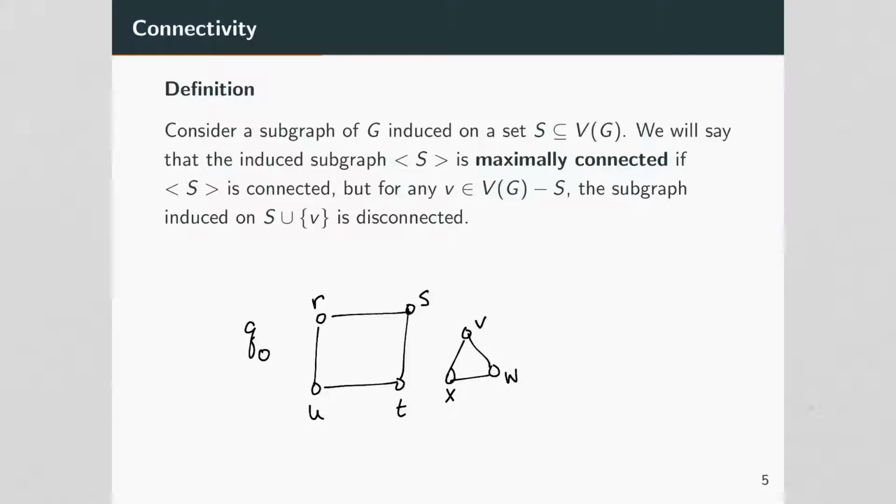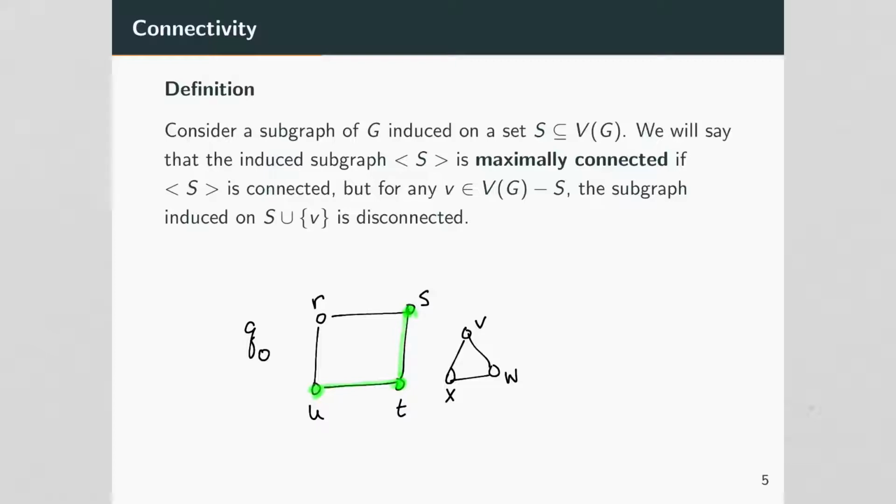Say we look at the subgraph induced by S, T, and U. Those three vertices and two edges would give us an induced subgraph.